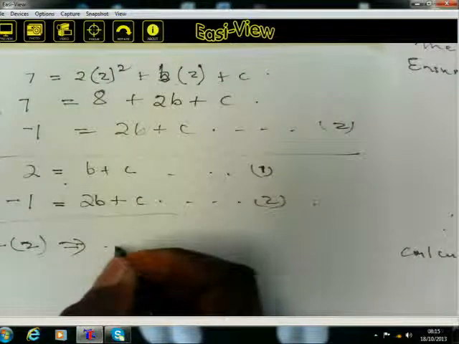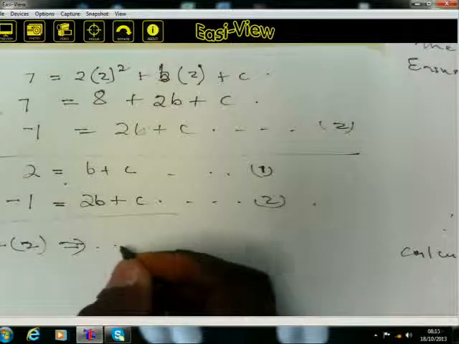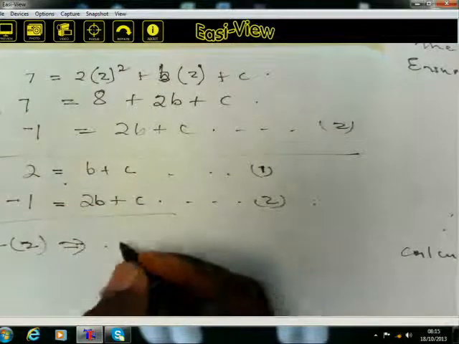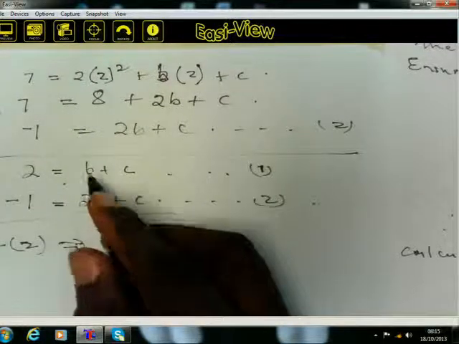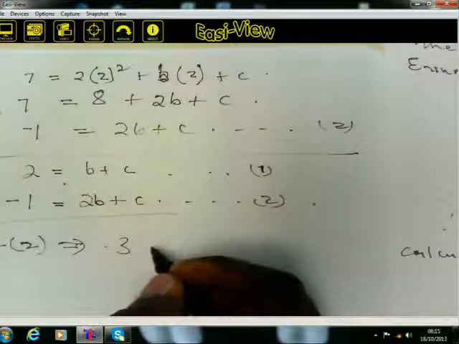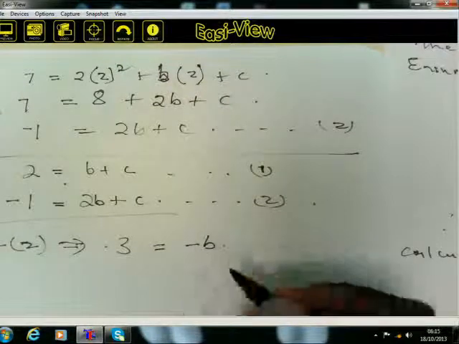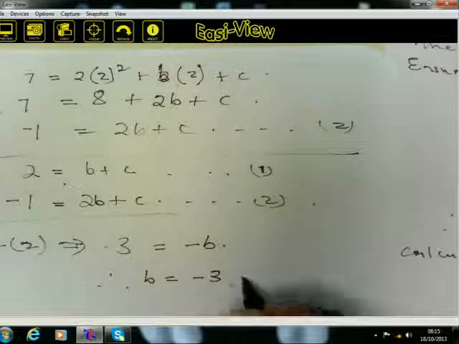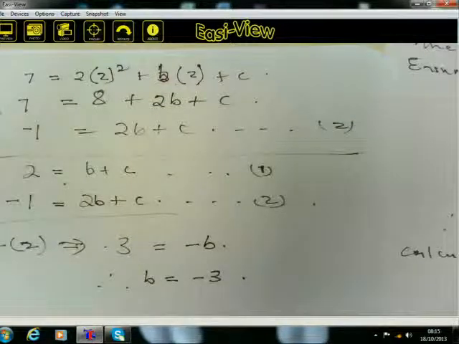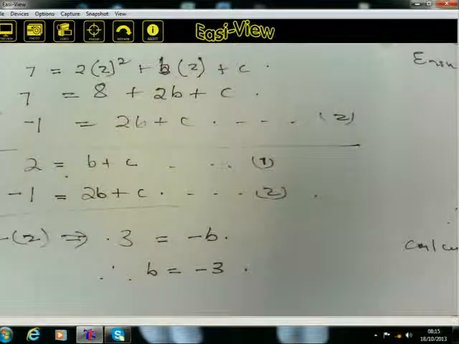And then 2 subtracting -1, the answer is going to be 3. And then b subtracting 2b, the answer is going to be minus b. Therefore, b is going to be equal to negative 3. b is equal to negative 3.